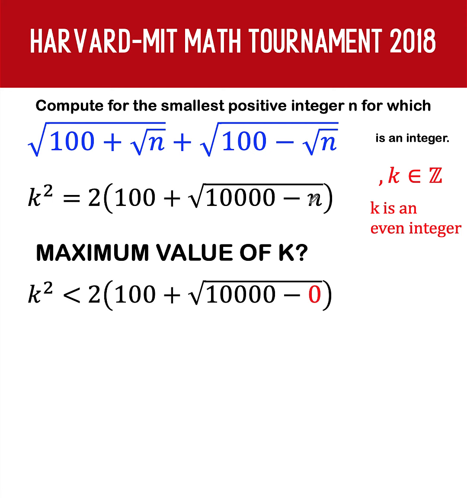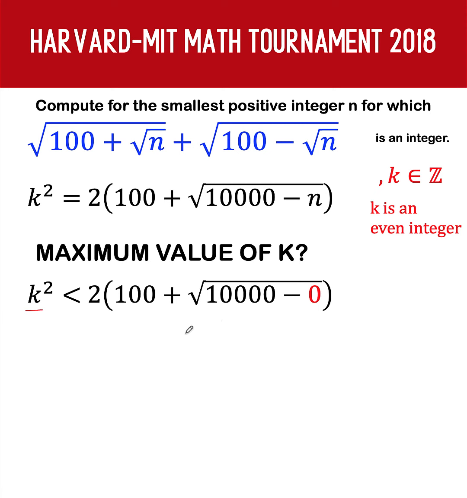So let's substitute 0 for the value of n, and this resulting expression must be greater than k squared. Because if n is greater than 0, then this expression 10,000 minus that value of n must be slightly lesser than when n is equal to 0. So if n is 0, this expression here must be a little bit higher than the value of k squared that we want to find.